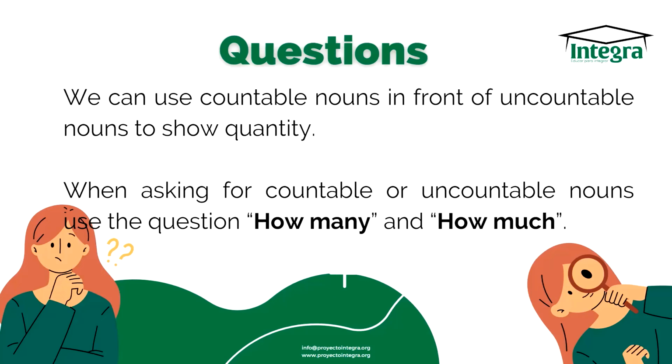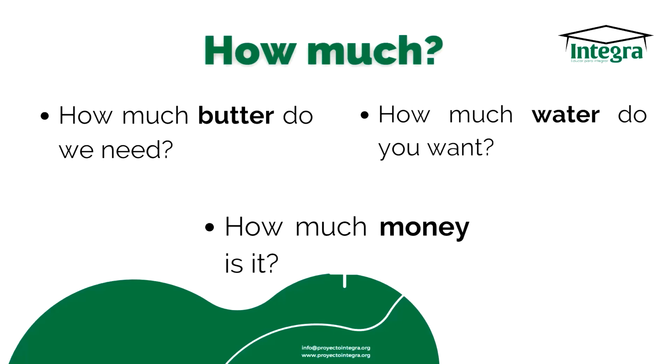Questions. When talking about nouns, countable and uncountable, we can do specific questions to ask for the amount of those nouns. These questions are how many and how much. Let's see examples of how much.